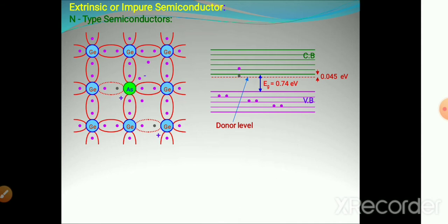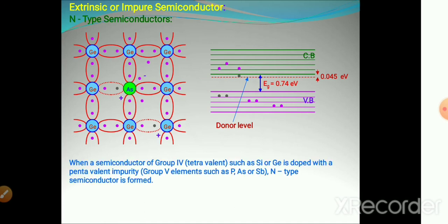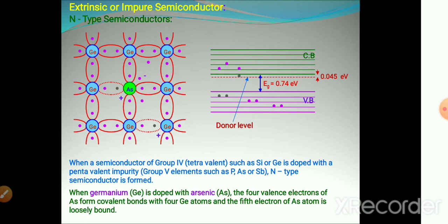Now it is very easy for electrons to jump from the donor level to the conduction band. Therefore, the conductivity of an N-type semiconductor is much larger than that of a pure semiconductor. And here the majority charge carriers are electrons and the minority charge carriers are holes.